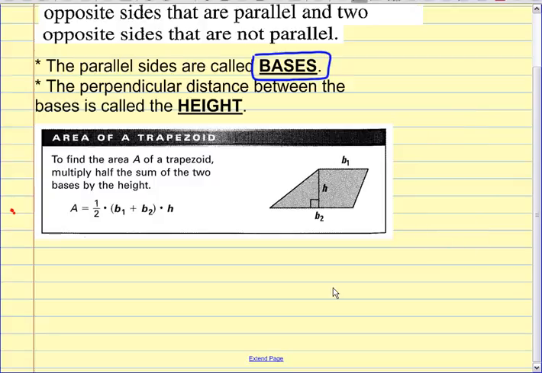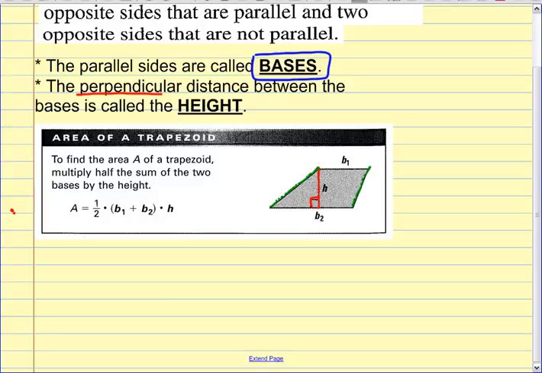The perpendicular distance, and folks, this is very important. The perpendicular distance between the bases is called the height. So there's a line, and it forms a right angle. And here's a line that also connects the bases, and here's another line that connects the bases.